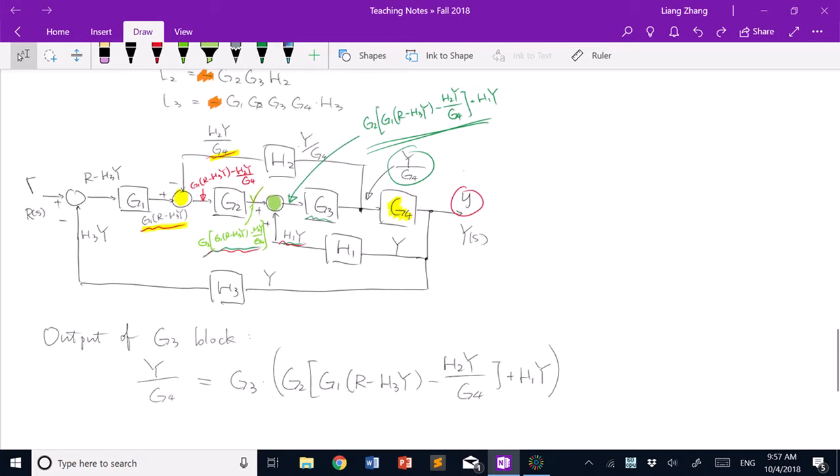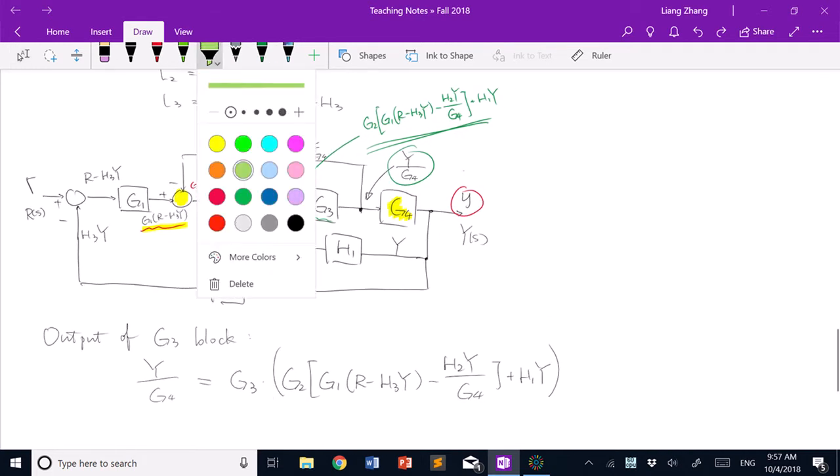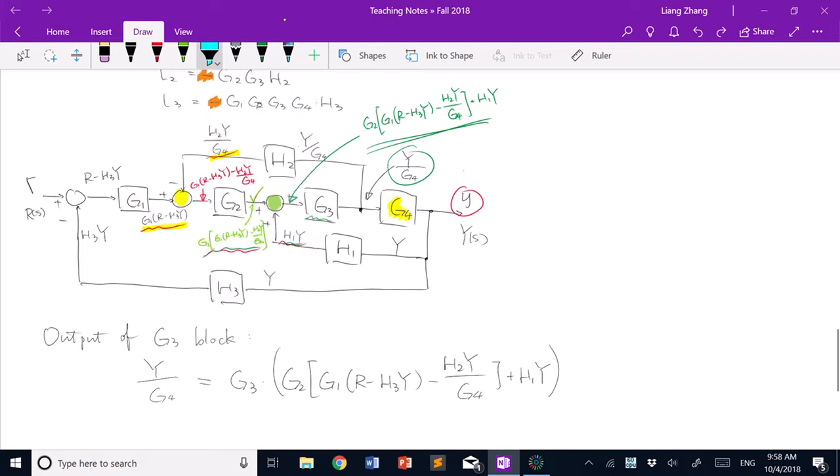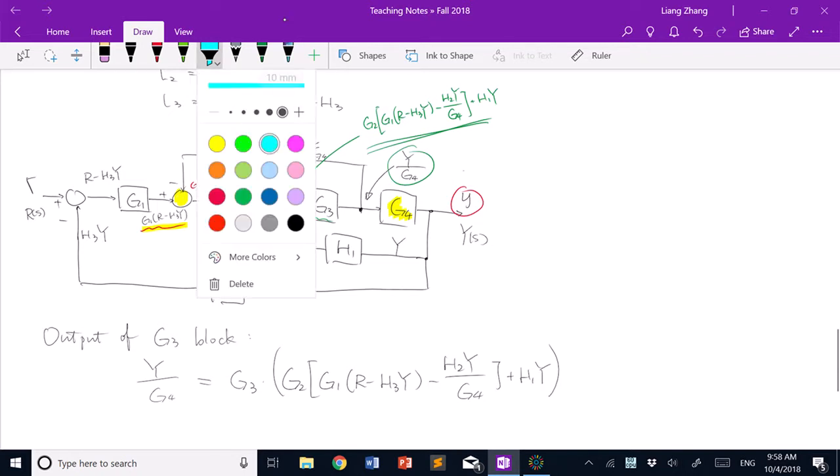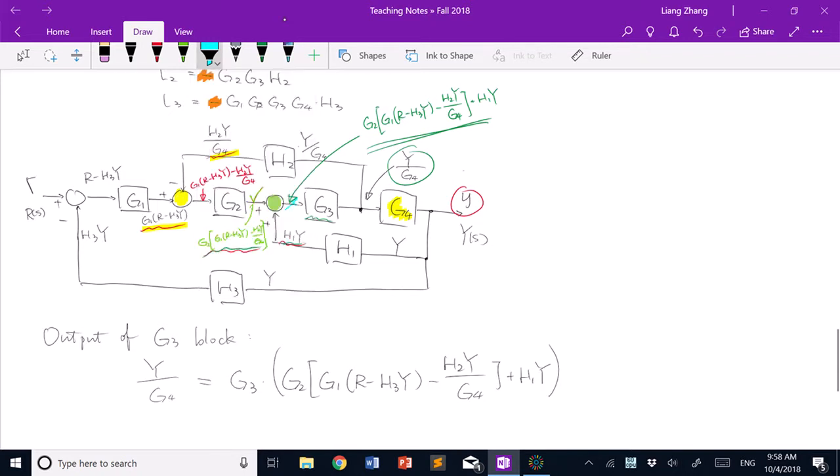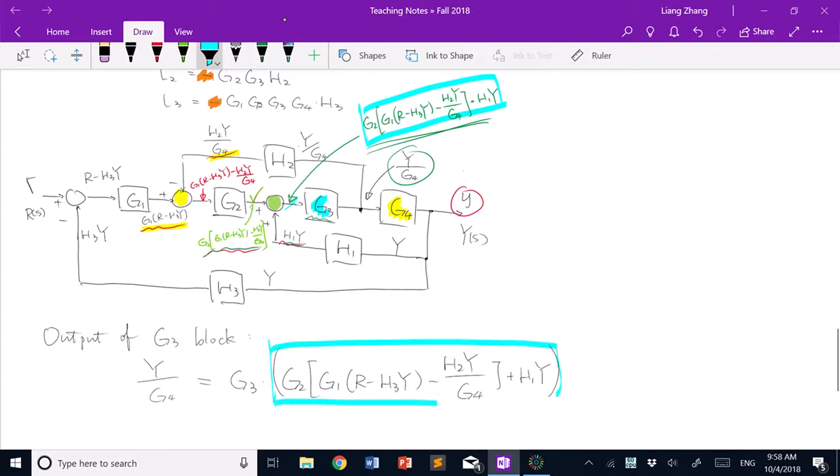What I just did is I simply took the input to the G3 block. This is my G3 block, the input signal is right here, and I put it here.